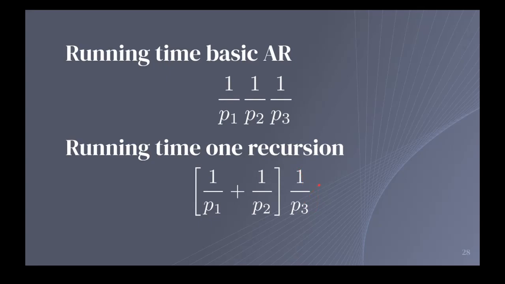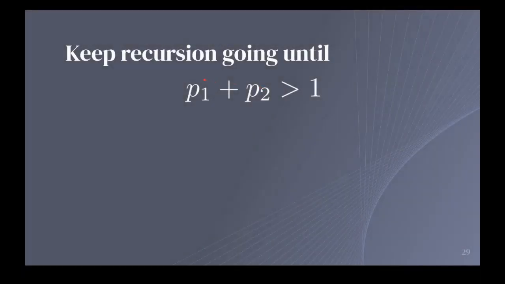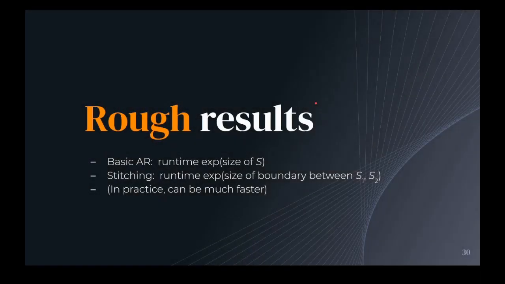So when should you use stitching? When the thing inside the brackets is less than 1 over P1 times 1 over P2. Or in other words, you should keep using recursion until the probability of accepting on the left plus the probability of accepting on the right is greater than 1. Now, the result of this is for basic acceptance rejection, you're going to get a running time which is exponential in the size of your point space.